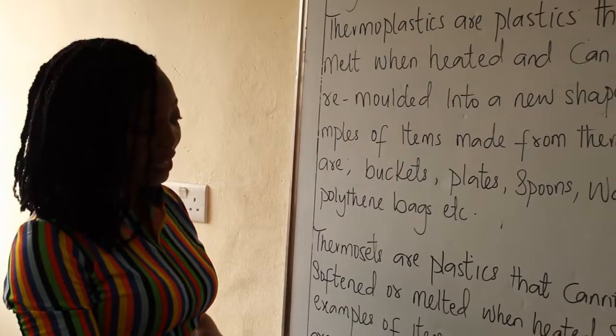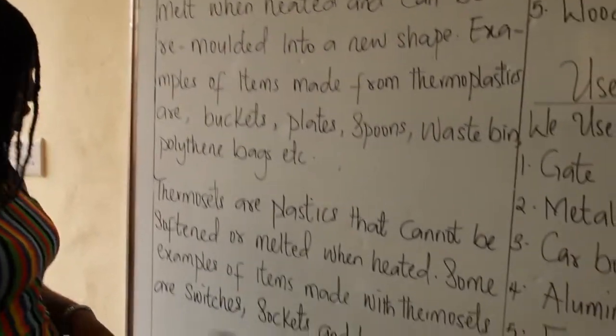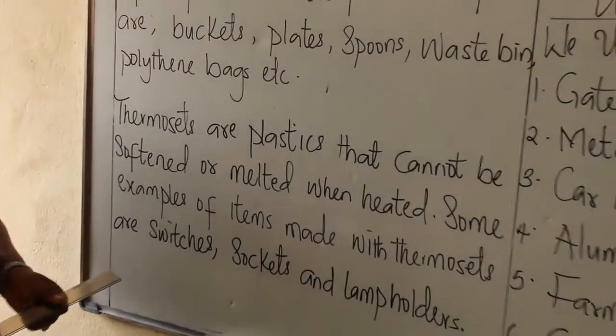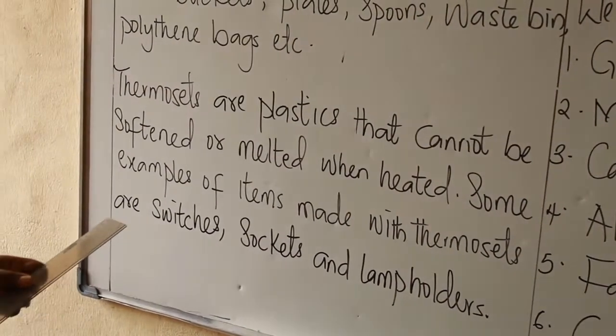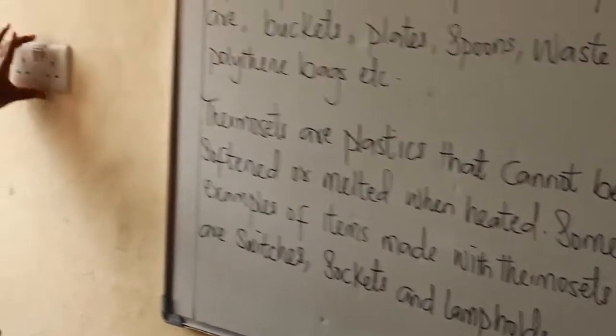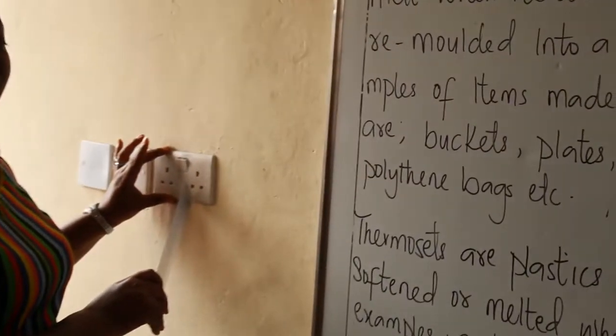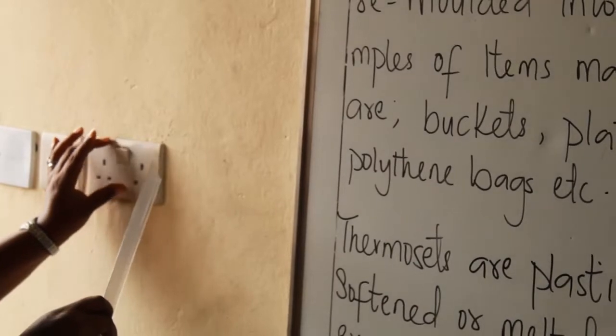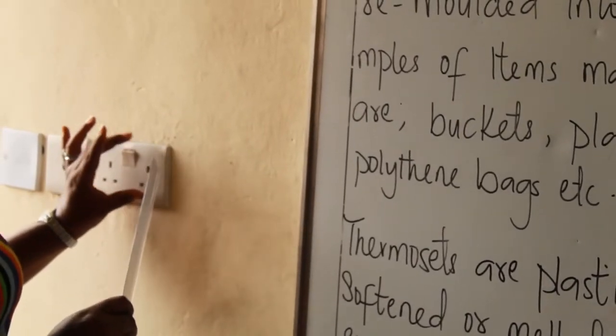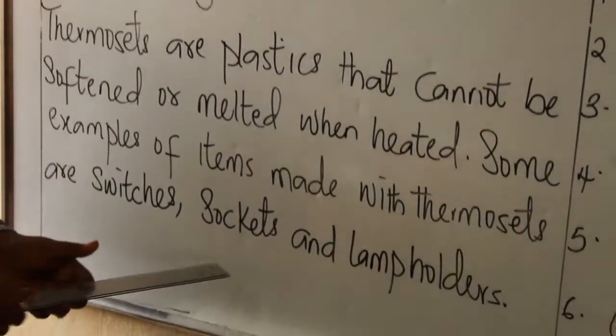Some examples of items made with thermosets are switches, the light switch. We have an example of a light switch here. We can use it to power on or power off electrical appliances. Secondly, we have sockets.